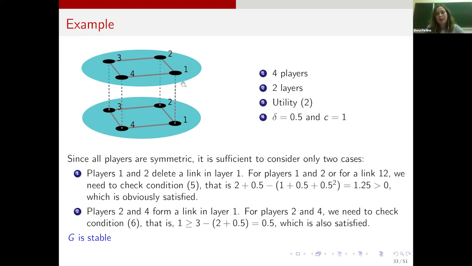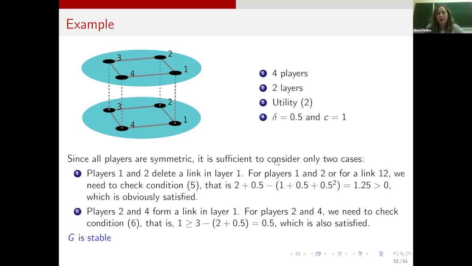We have here a cycle network structure in 2 layers with 4 players, and the utility function 2. We have decay parameter equal to 0.5 and C is equal to 1. All the players here are symmetric in layers. So we need to choose, for example, any pair of players who are linked and who are not linked, and check this condition.